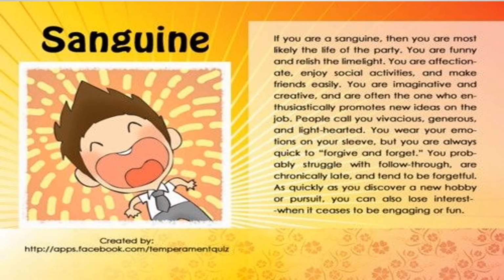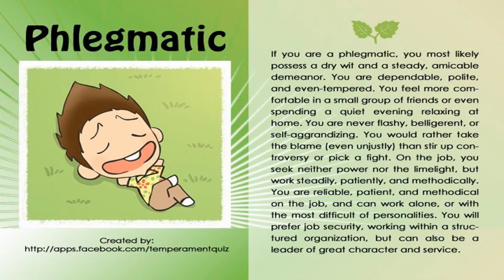You can have a look by yourself at this slide. If you are sanguine, then you are most likely to have a life of party and so on. You can read this by yourself. If you are phlegmatic, you are most likely to possess a steady behavior. You are dependable, polite, and even short-tempered at the same time.